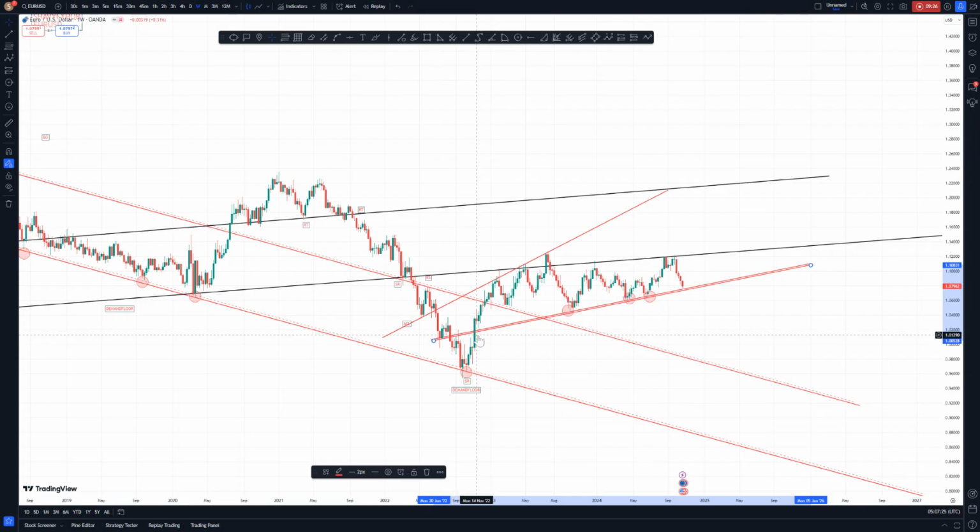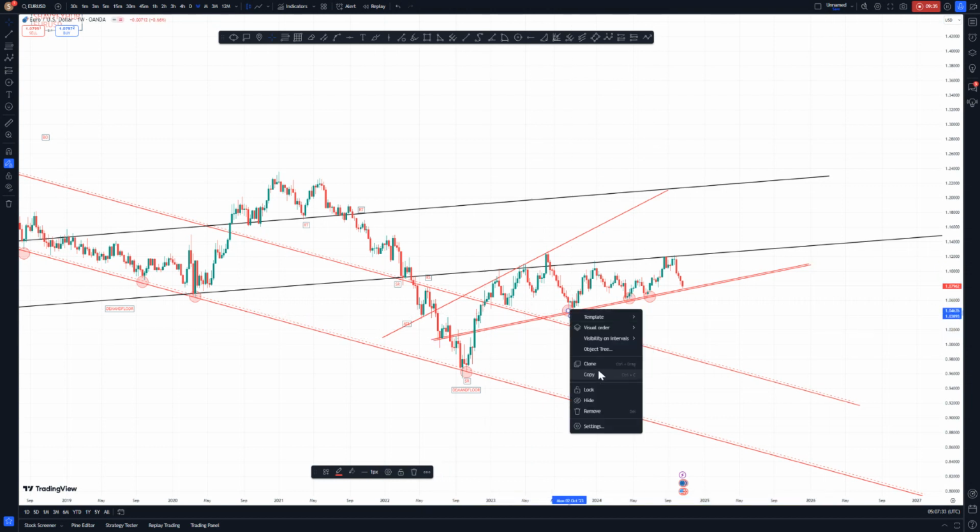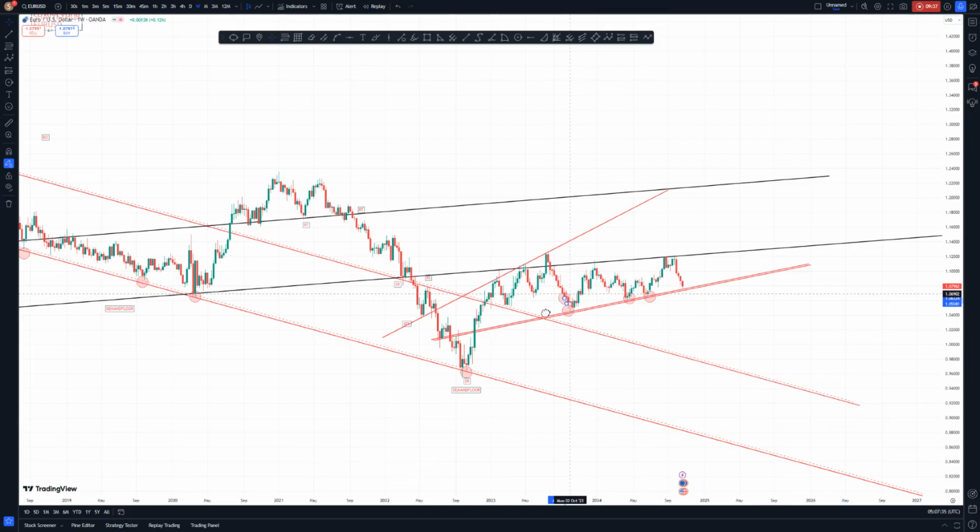Break of a resistance structure, retest one, retest two, three, four. So let's see and hope the price returns into the box. But I think that Euro might return to parity.